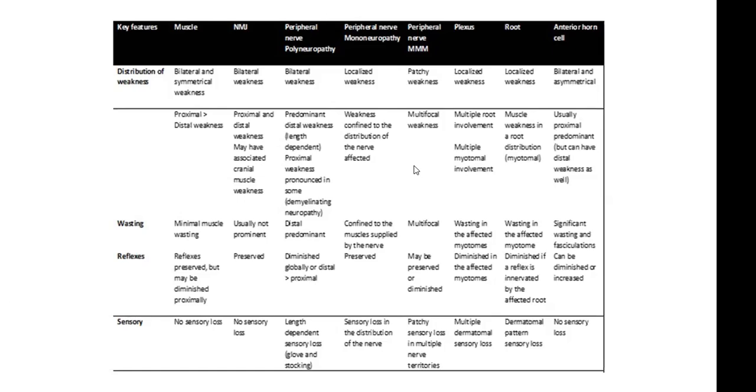The last thing you have to remember is anterior horn cell lesions are part of this big process of motor neuron disease. There are other ones like, for example, polio or spinal muscular atrophy, which is a pure anterior horn cell lesion. But in adult medicine, anterior horn cell lesions are usually due to motor neuron disease. So the motor neuron disease involves the whole motor path, including the upper motor neurons.